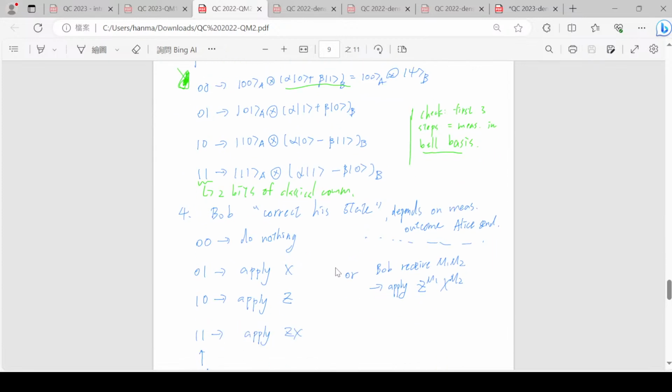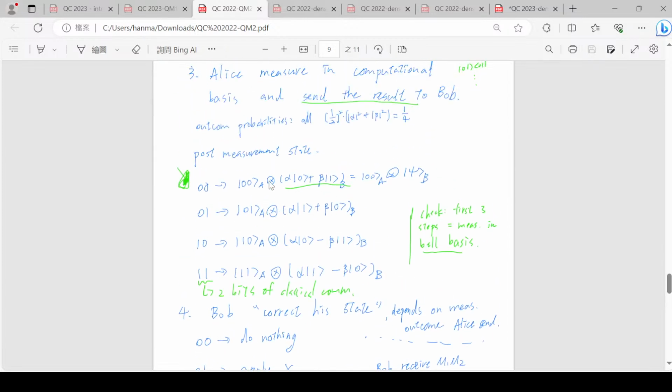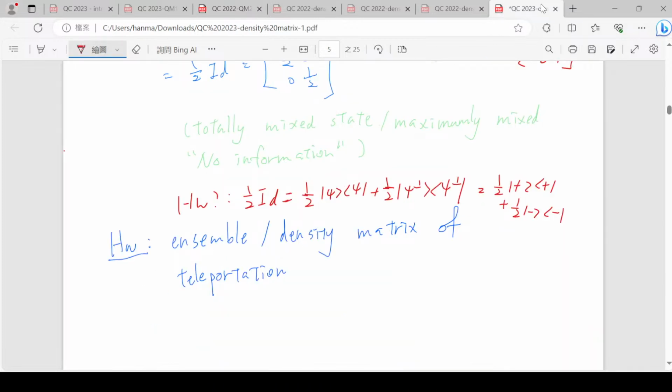Here we have a similar thing happening: Bob will have one of four states, and you can calculate the density matrix and see it's a totally mixed state, so it really has no information about the thing Alice wants to teleport. But if Alice reveals which one of the four it is, then Bob knows a lot about the state and can correct the state that Alice wants to teleport. So this is how a lot of quantum cryptography works, and it's really unique to quantum information.